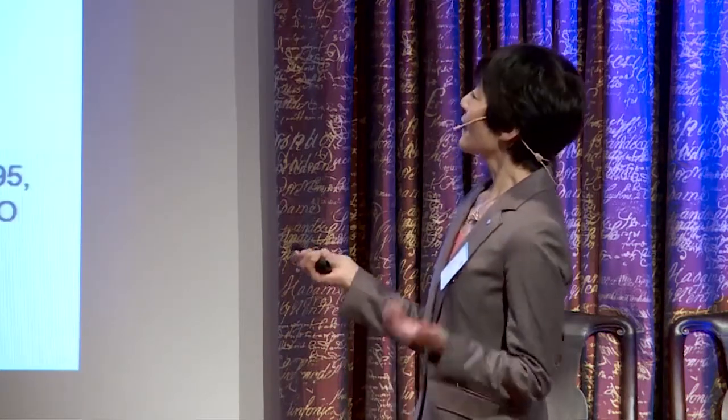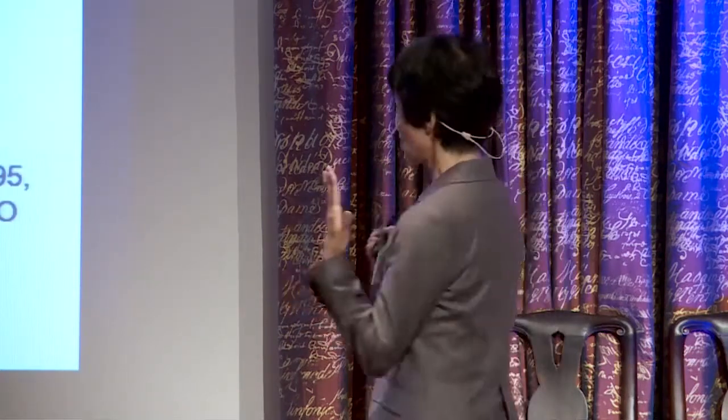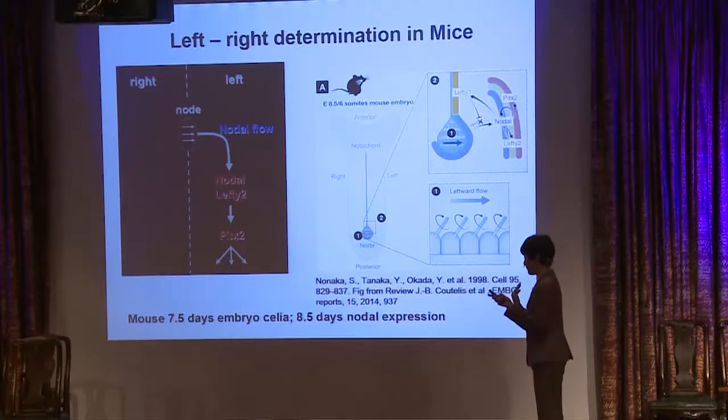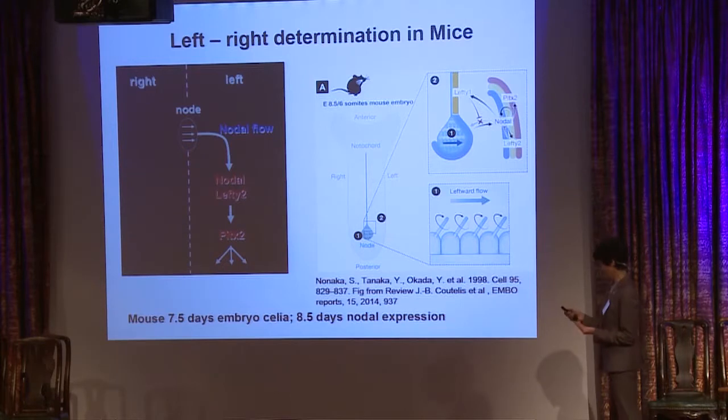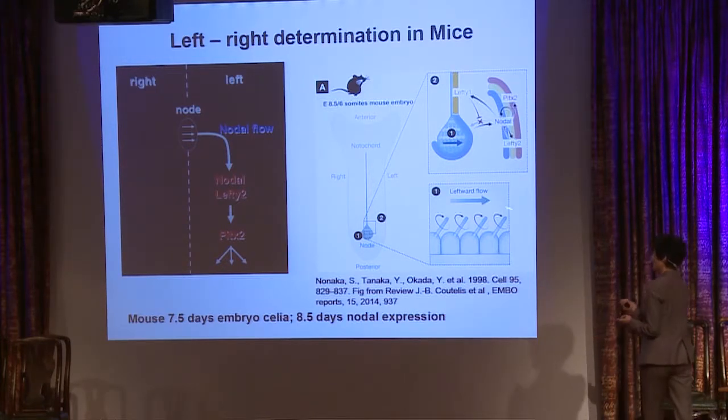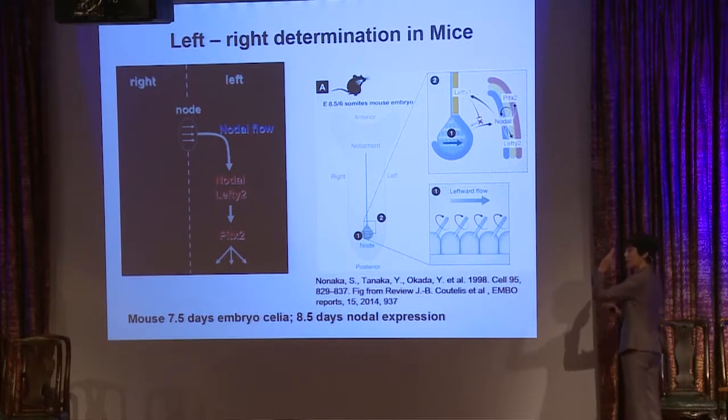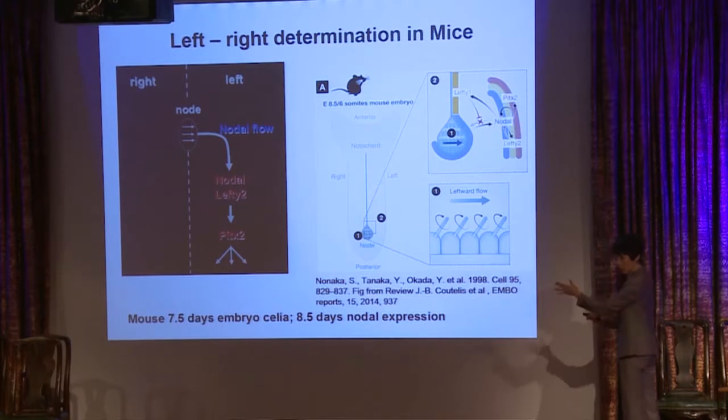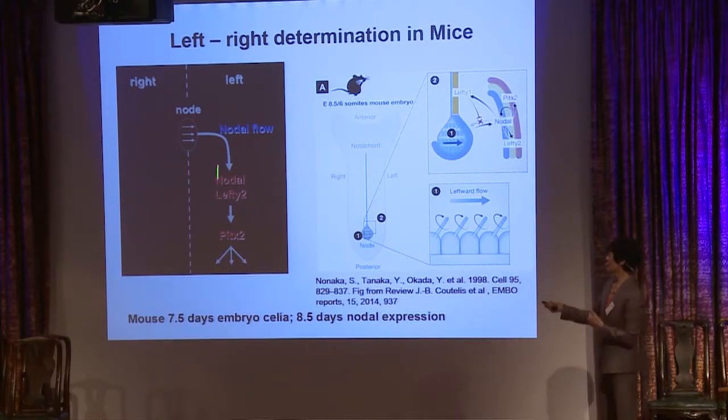And as I told you earlier, nodal and PTX, that is for the vertebrate. It has been known for a 7.5 days embryo, the cilia is formed and is tilted in one direction, it rotates and produces some flow in one direction. And in the end, that will become left-handed.